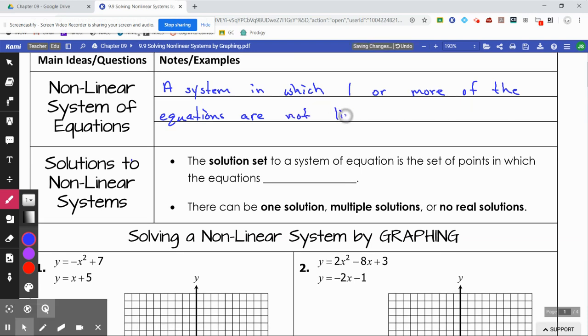And if it's not linear, then that means it could be quadratic, it could be a parabola, it could be an ellipse, could be a hyperbola, could be any of your conics.